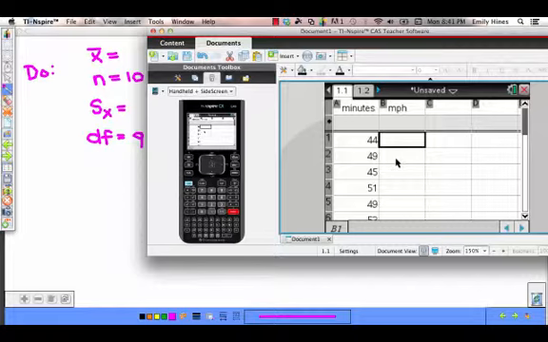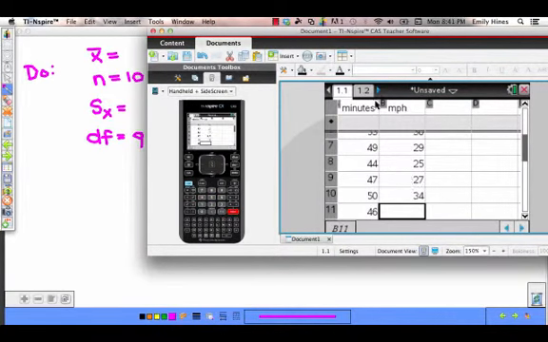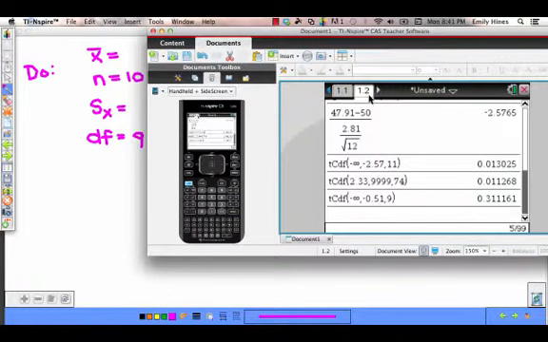And our values are 27, 33, 32, 21, 30, 30, 29, 25, 27, and 34. 10. Perfect. And I need my one variable statistics.